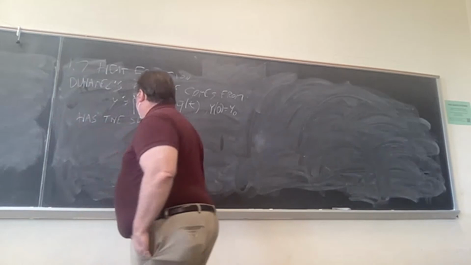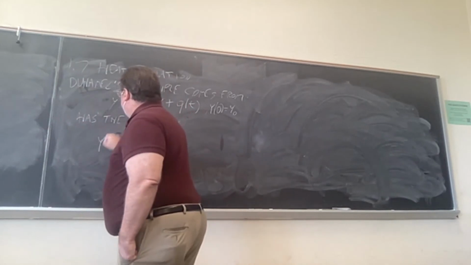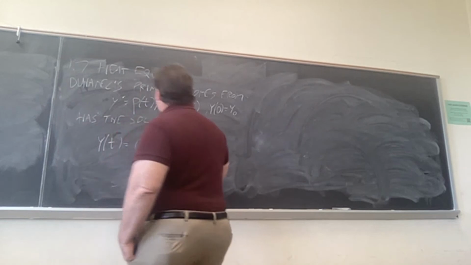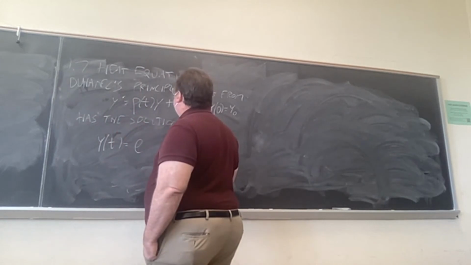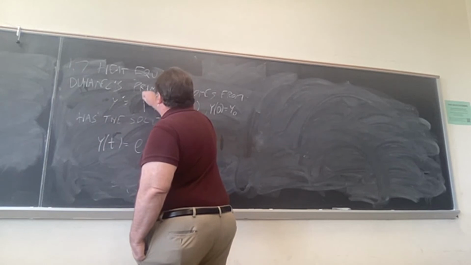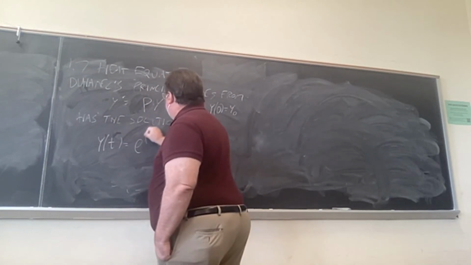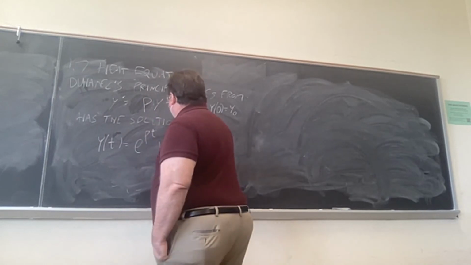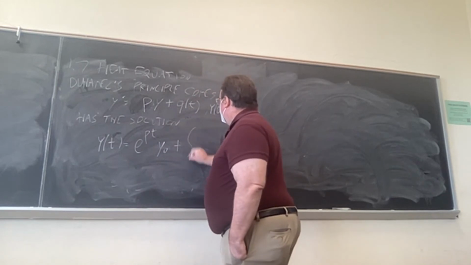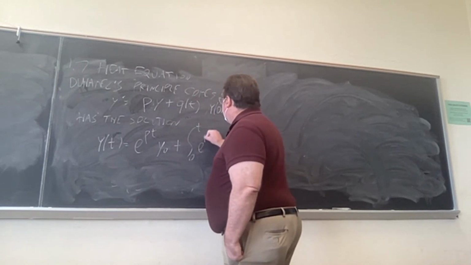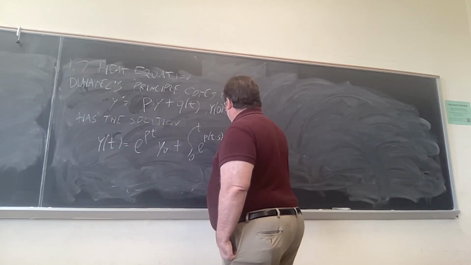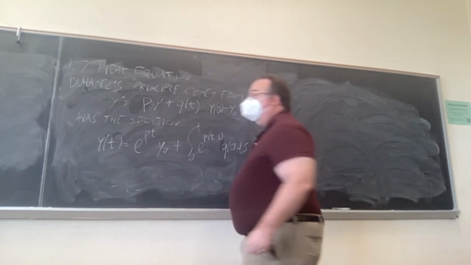So that has a solution. y(t) is equal to e to the, well, actually, I'm going to make this a little simpler. I'll make p(t) a constant, so it's less cluttered. So e to the pt, y naught, plus the integral from 0 to t of e to the p(t minus s) q(s) ds.